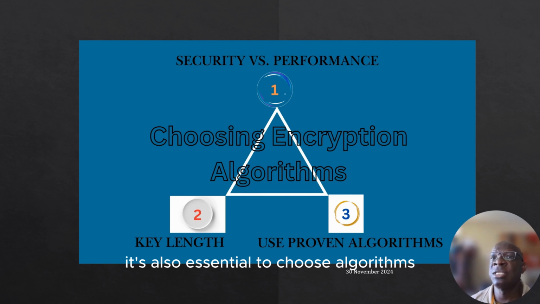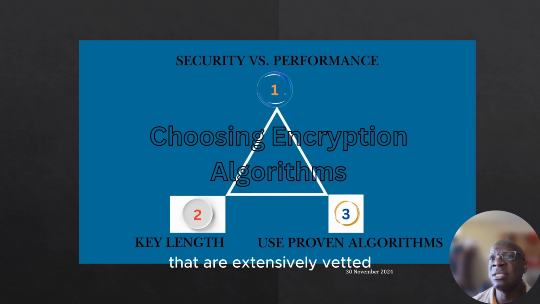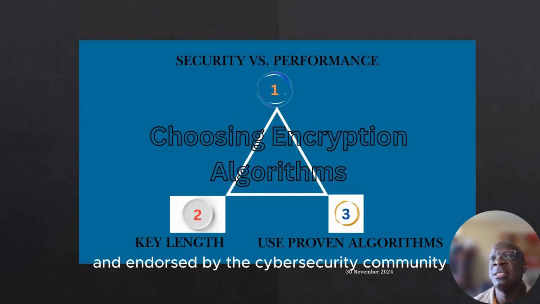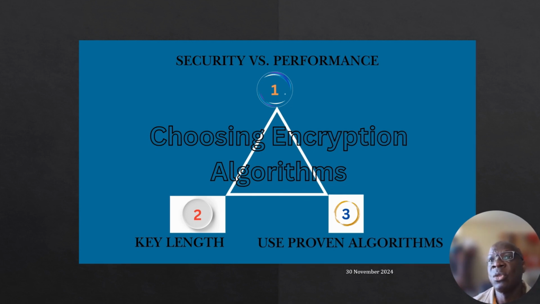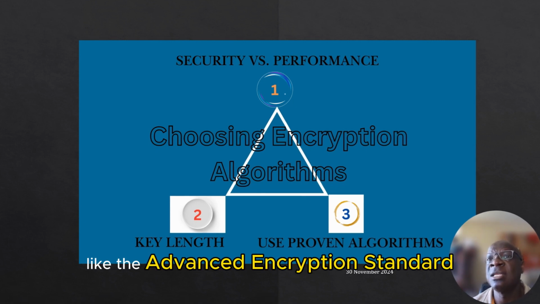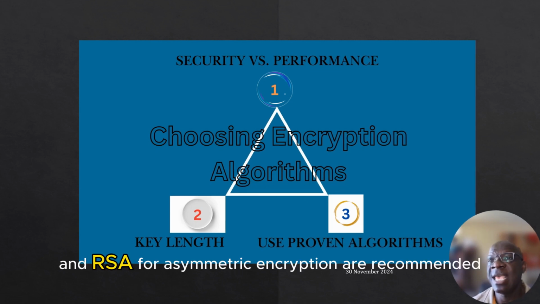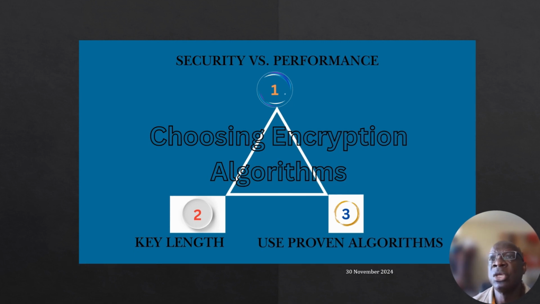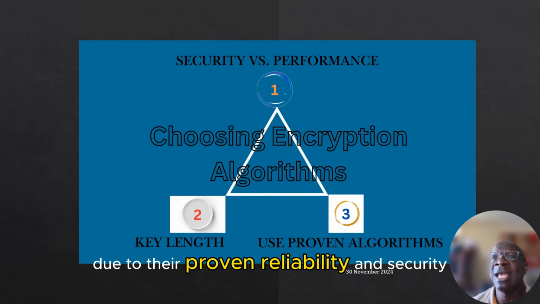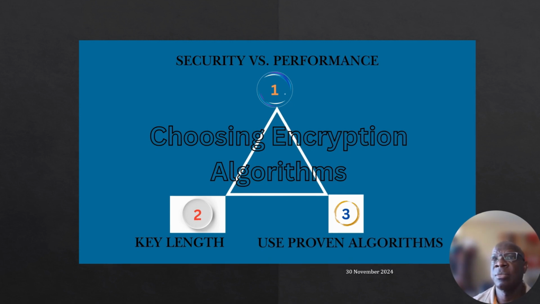It's also essential to choose algorithms that are extensively vetted and endorsed by the cybersecurity community. Widely accepted standards like the Advanced Encryption Standard, or AES, for symmetric encryption and RSA for asymmetric encryption are recommended due to their proven reliability and security.